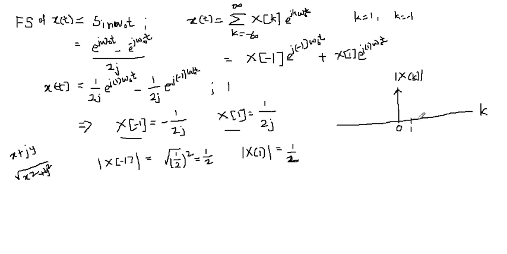Now k is 1 here. Let's make it a bit bigger. So k is 1, 2 and so on. And here it would be minus 1, minus 2, minus 3 and so on.